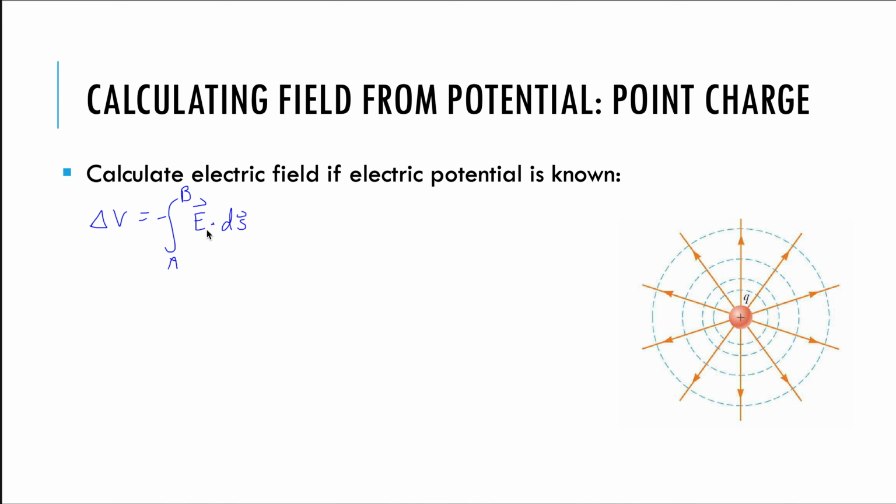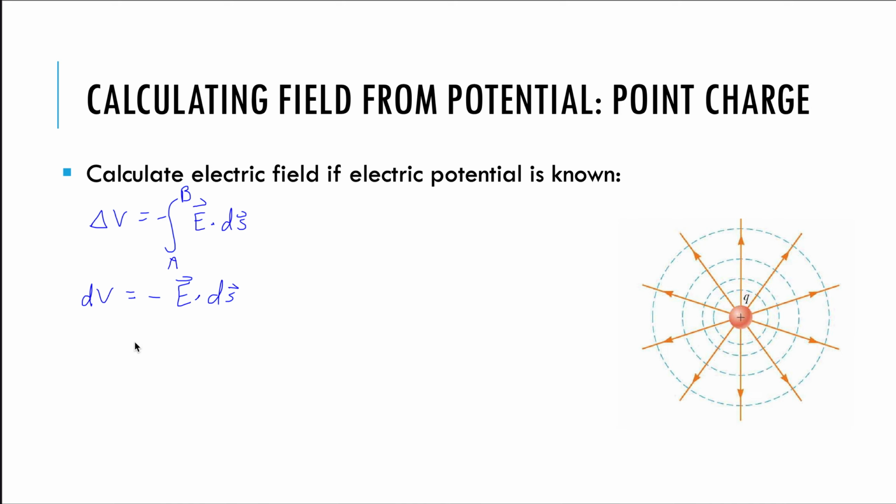So from this equation, what this tells us is that dV is just what's inside the integral, negative E dot ds. And so let's just consider the case of a point charge that we're very familiar with, and we know that the electric field is in the r direction, it's a radial electric field.